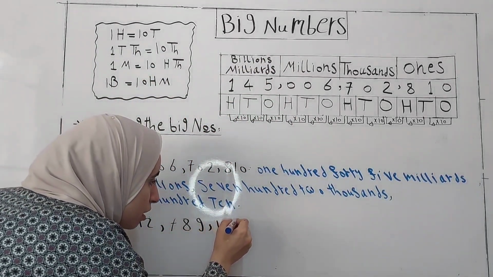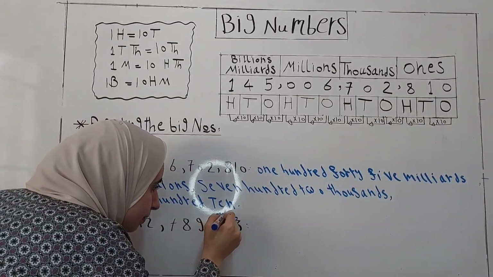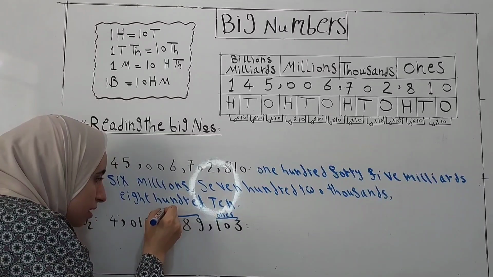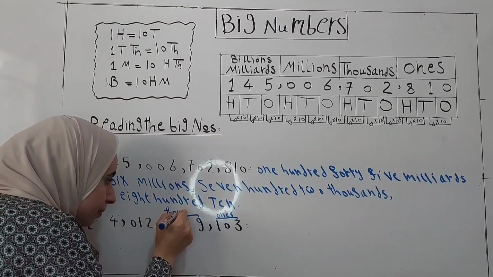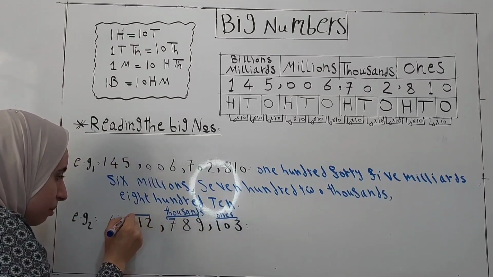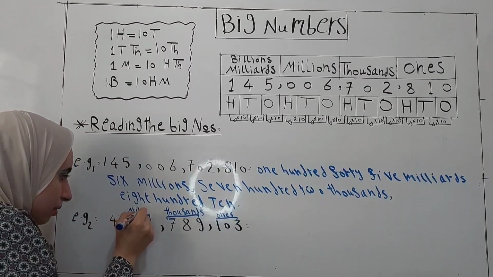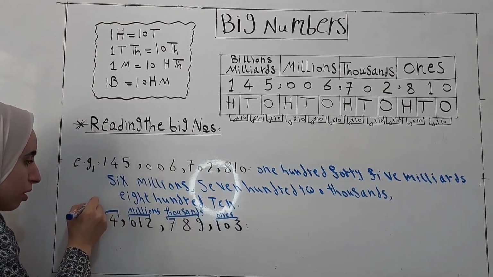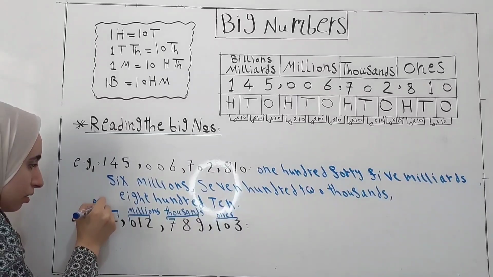The first family is called ones and the second family is called thousands and the third family is called millions and the fourth family is called billions or milliard.